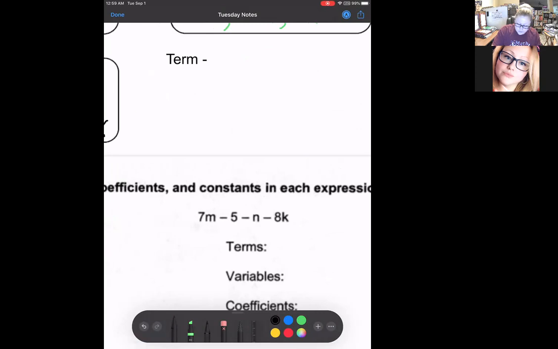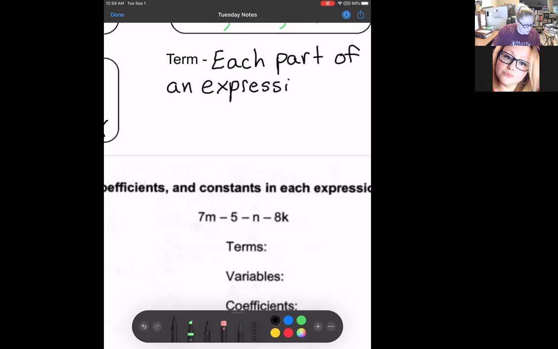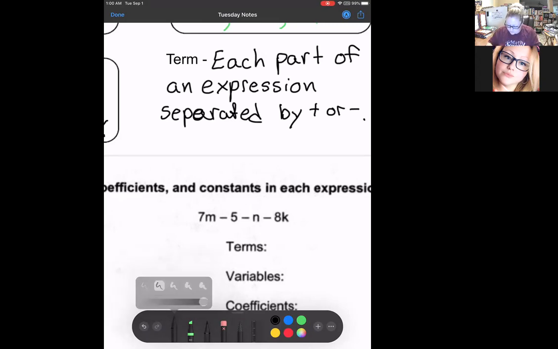Term is each part of an expression separated by a plus or a minus. Pause if you need to.